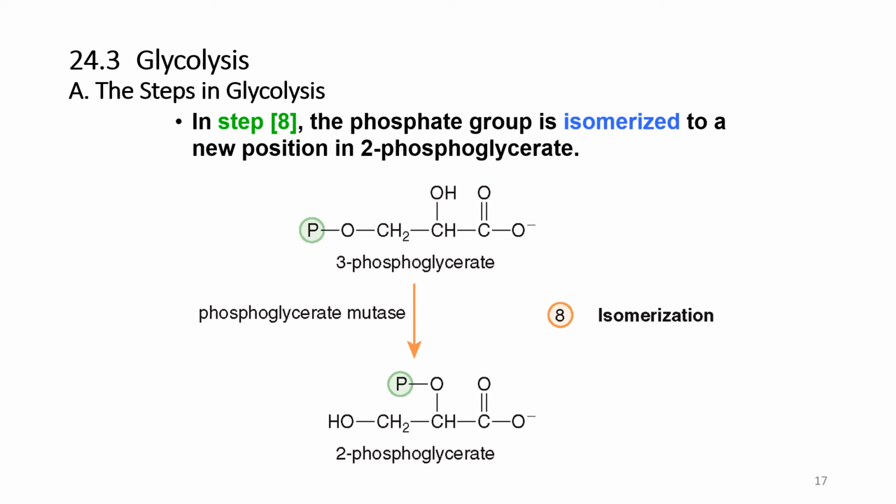3-phosphoglycerate undergoes an isomerization, and basically the phosphate group is moved, and we call this enzyme a mutase.